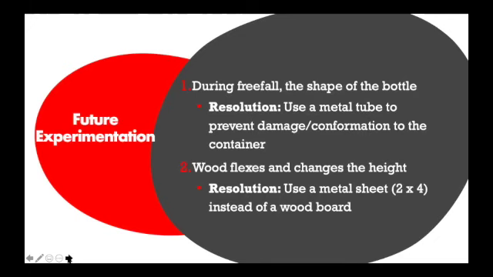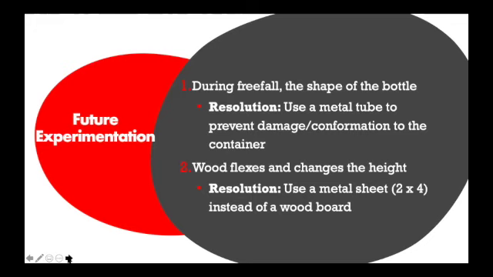For future experiments, we could change the system itself and make it more rigid and more air resistant, to have more control within the system, but keep the concept the same.